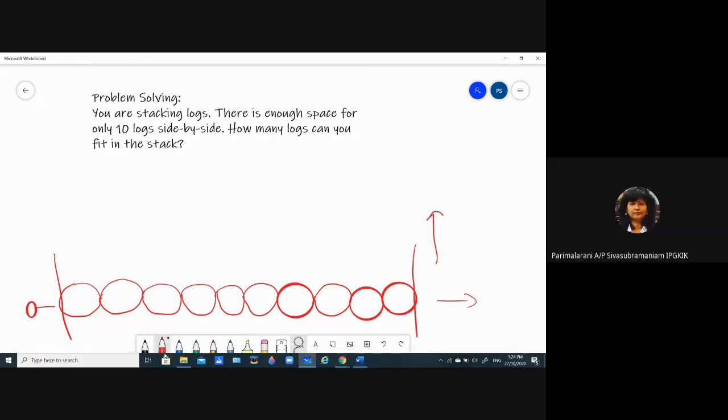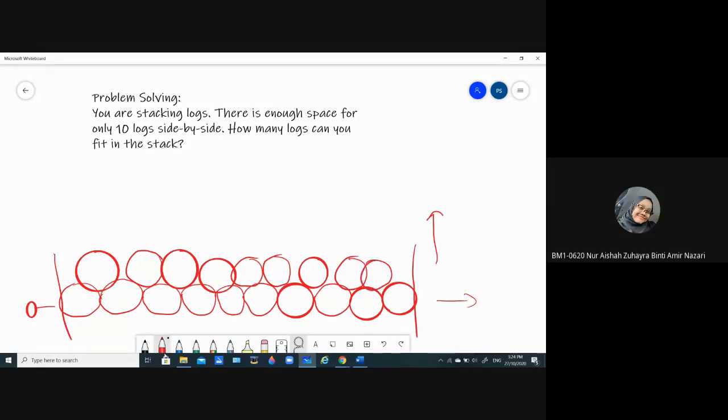10? You haven't arranged logs before. If you arrange logs, you know you can't arrange on top of this directly. So 1, 2, 3, 4, 5, 6, 7, 8, 9.